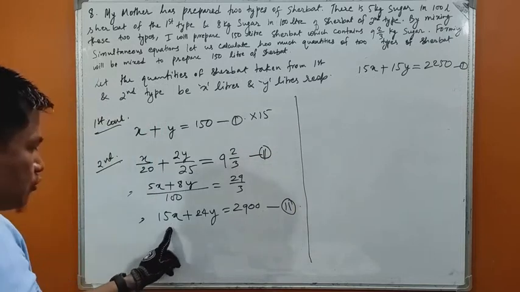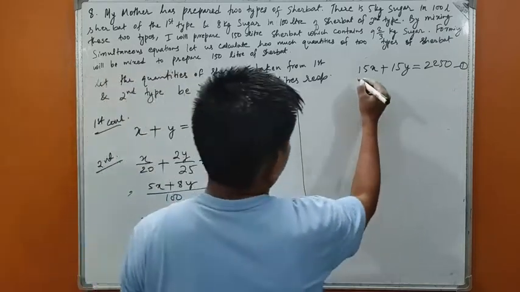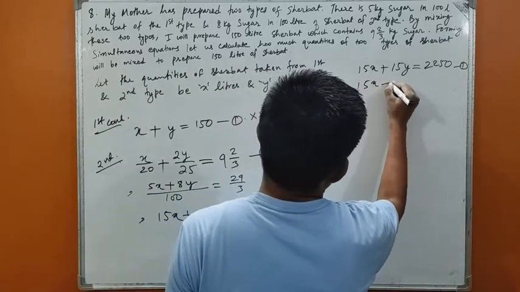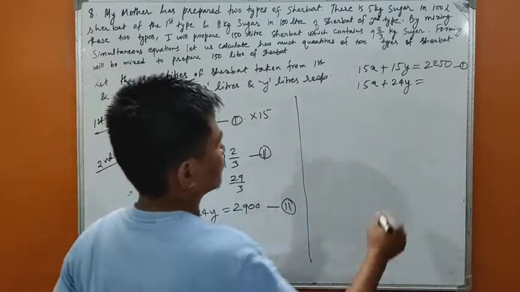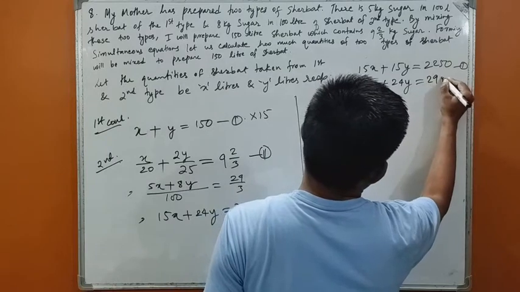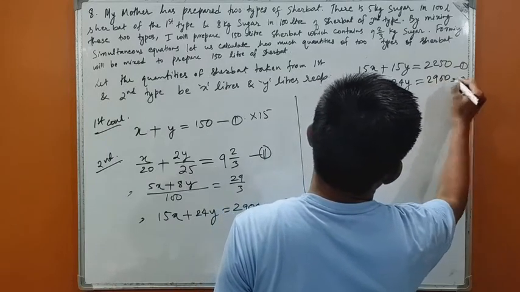Now equation 2, 15x plus 24y equals 2900, isn't it? 2900. This is equation 2.